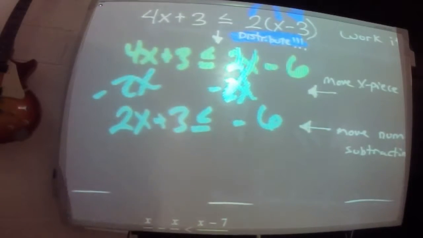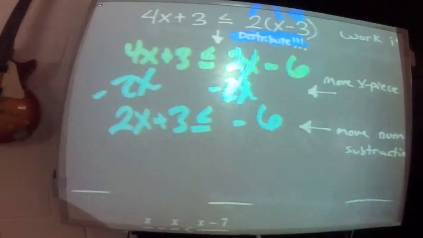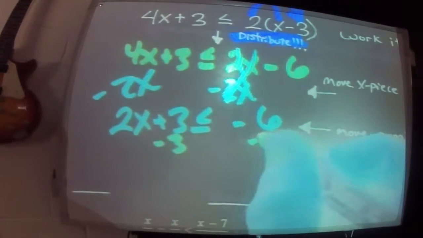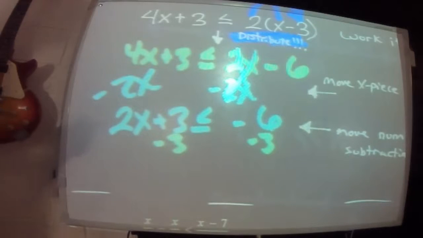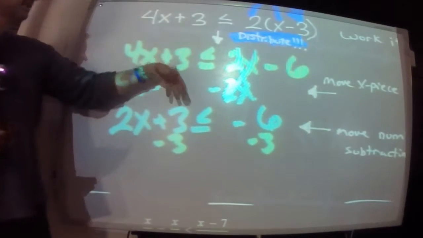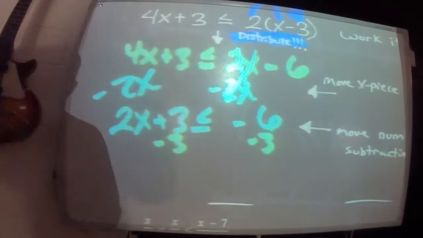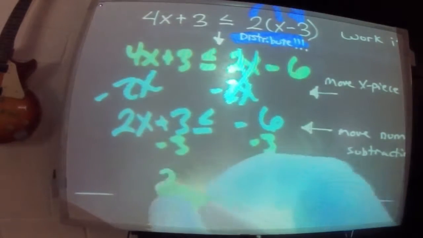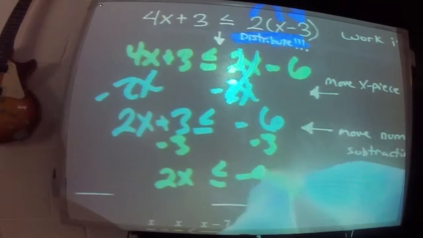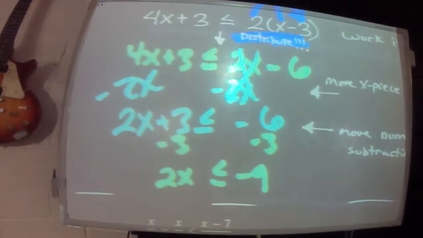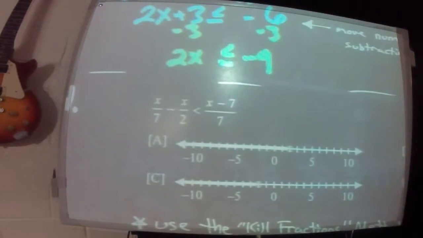Let's move the 3 over now. At this point, you should be seeing here's your x piece. Here's a number that needs to go away. So we subtract it away. Get it over there to the right side. 2x is now less than or equal to -9. And you are so close to being done. You've got 2x on the left.